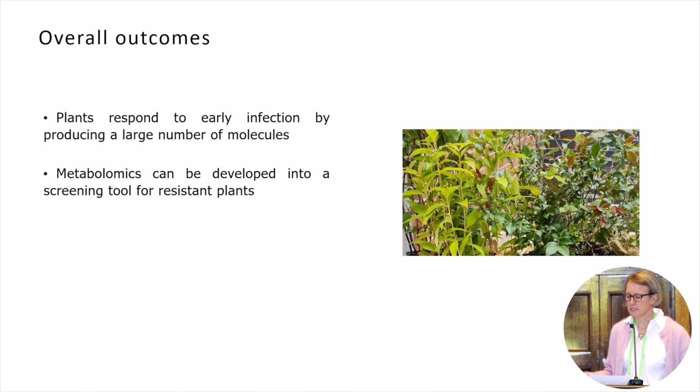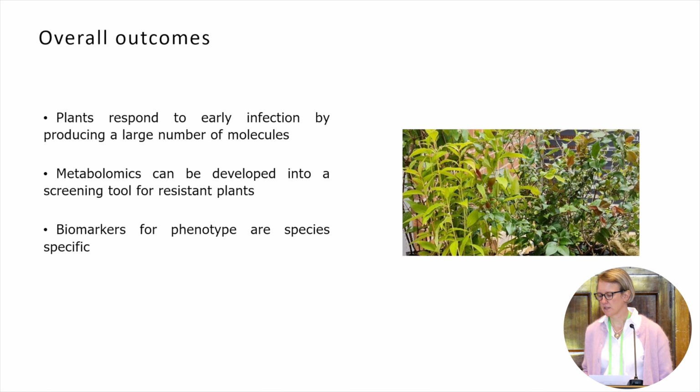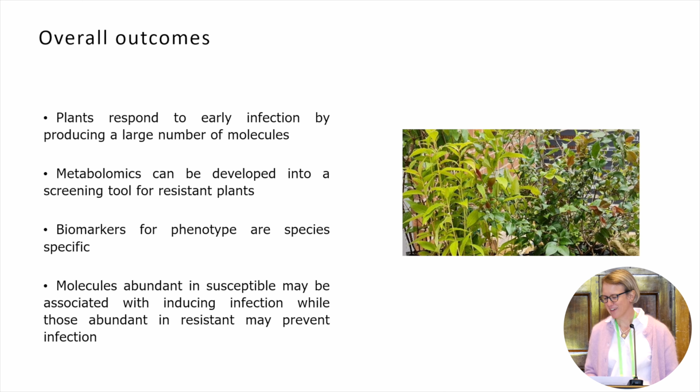We found that metabolomics could be used as a screening tool for resistance, and that it would need a species-specific approach. And that molecules were more abundant in susceptible plants, which might be important in inducing infection.